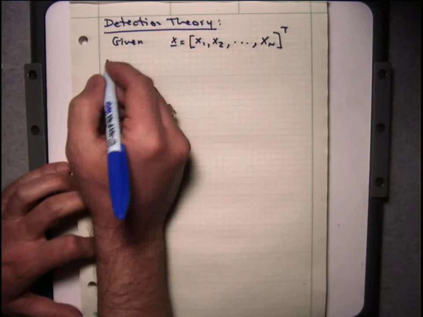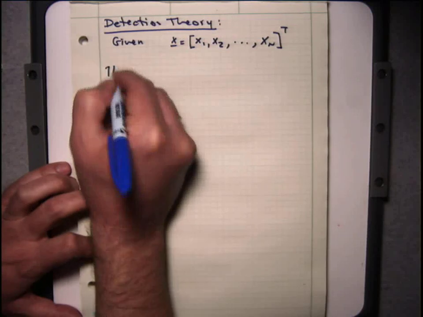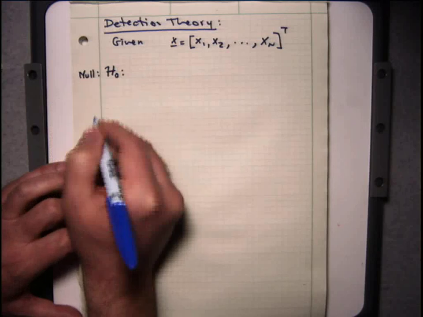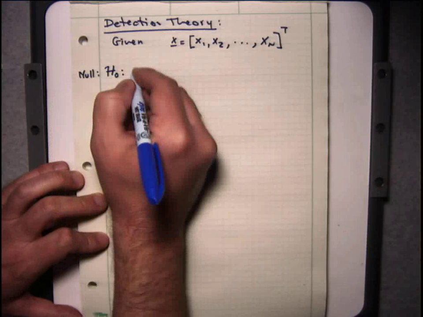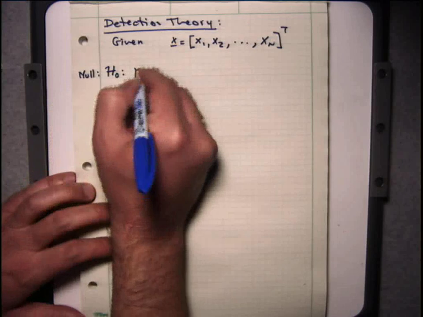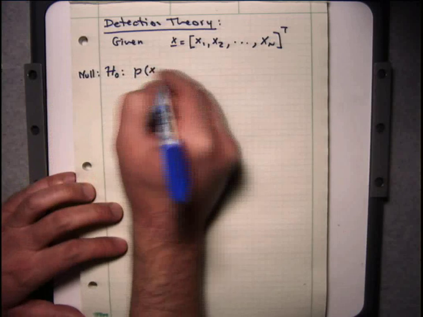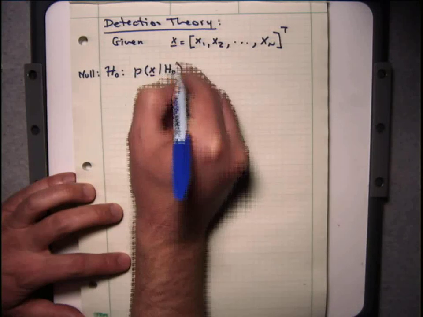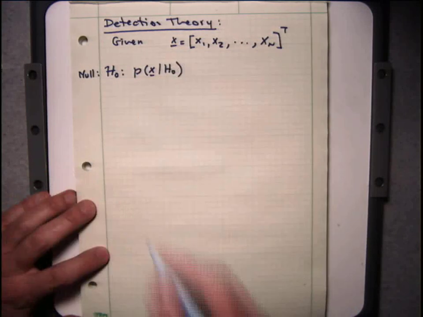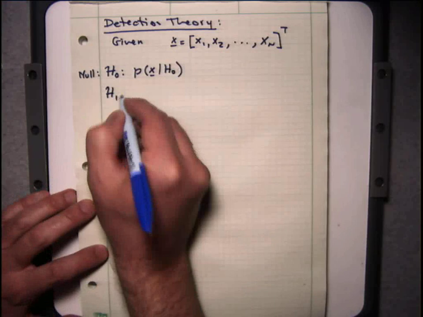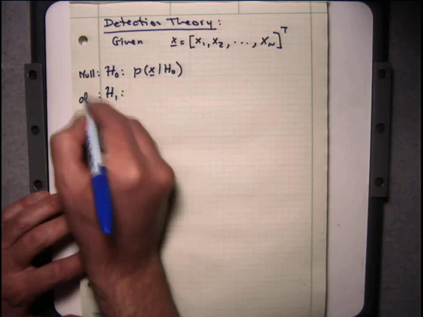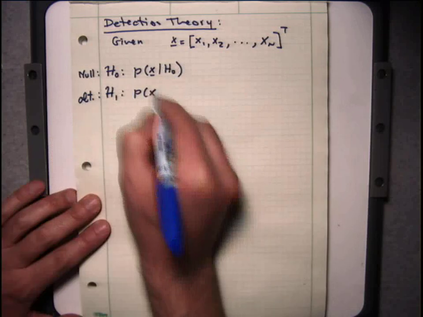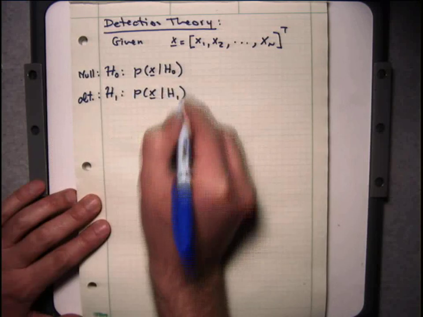And we have two hypotheses. We have H0, which we call the null hypothesis. Under this scenario, you have a probability density function for all of these jointly under the H0 hypothesis, and under H1, which we usually call the alternate hypothesis, this is the PDF of X given H1.